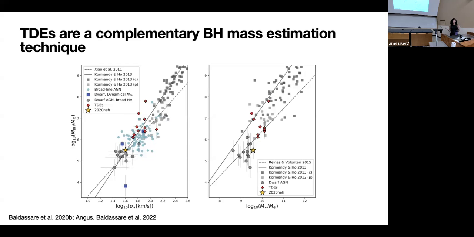And these are also important constraints for models of black hole formation. This object is the star on both of these plots. And from this data, we find that it agrees really well with the relations between black hole mass and galaxy properties that we find for much more massive galaxies.